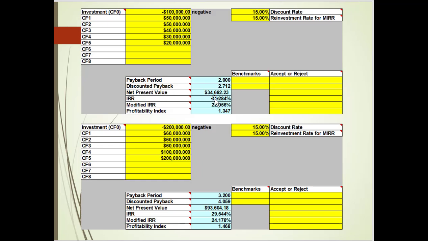The net present value of A is $34,000. The net present value of B is $93,000. So it is clear both projects are good projects. However, B is a superior project because it has a higher net present value.